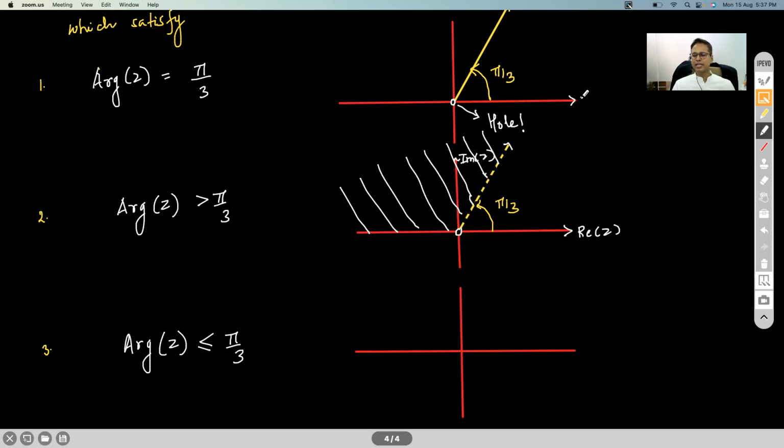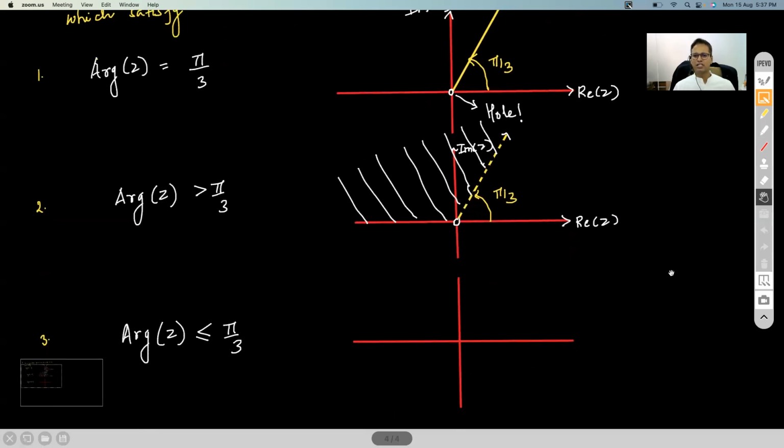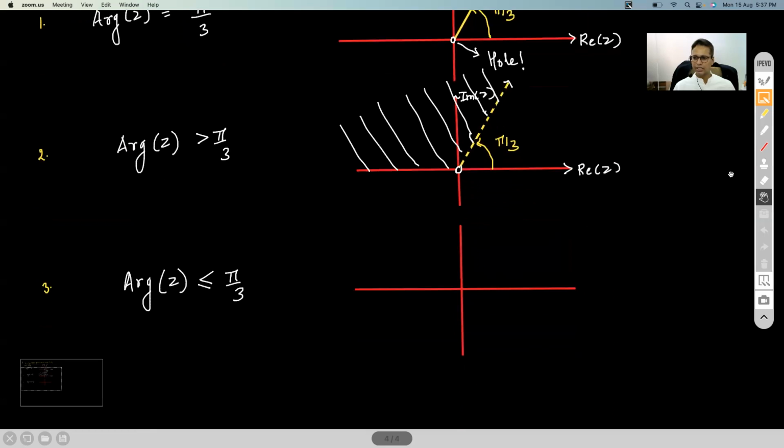By the way, whenever you are making an Argand plane, it's a good practice that we write the names of these axes, because we are so involved in solving the problem that we miss out on the basics, and this will lead to some loss of marks in your school papers. Done. Very good.